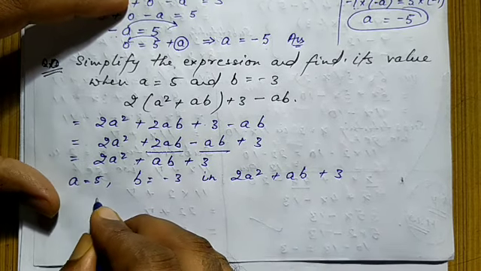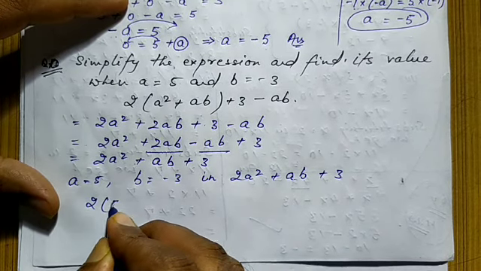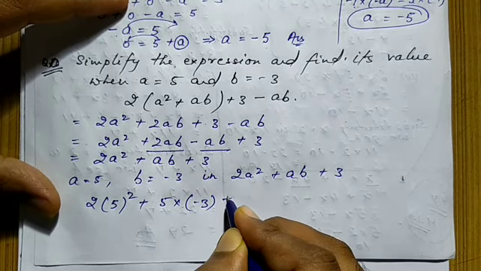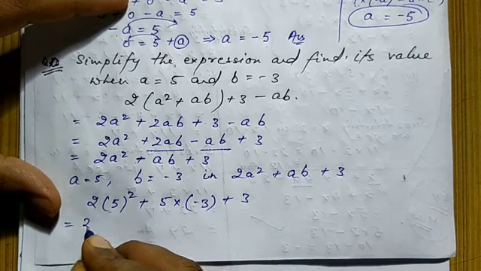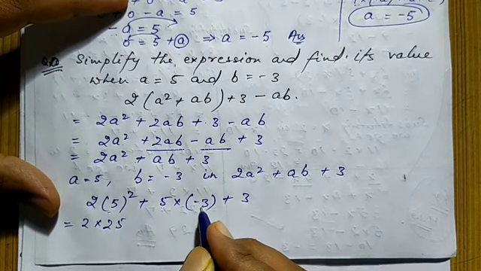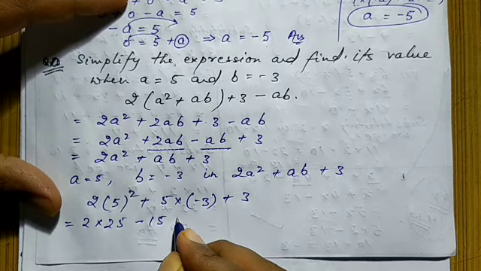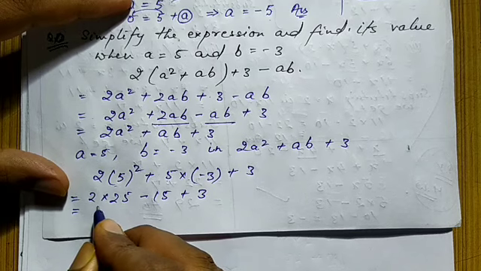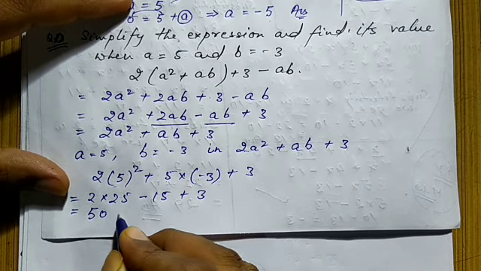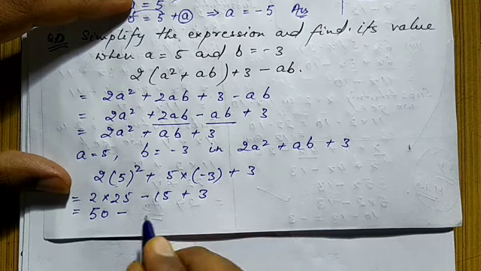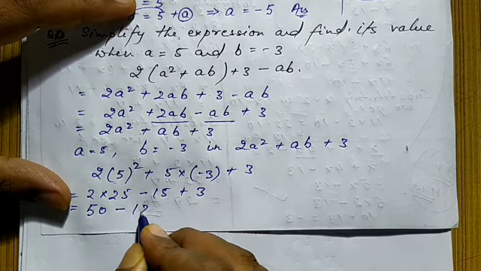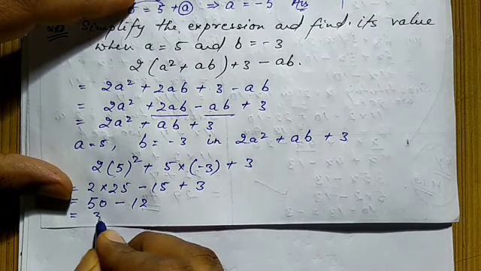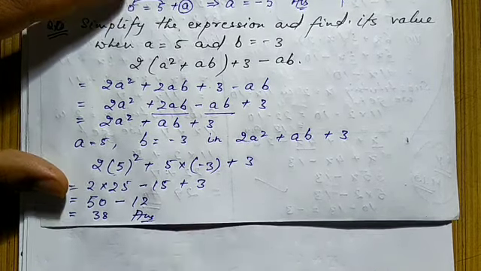Okay, now 2 into 5 whole square plus 5 into minus 3 plus 3. 5 square is 25. So 25 into 2 is 50, and here 5 into minus 3 is minus 15, plus 3, this will become minus 12. Okay, 50 minus 12 will become 38. Okay, so the answer is 38.